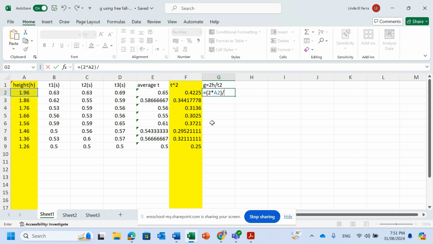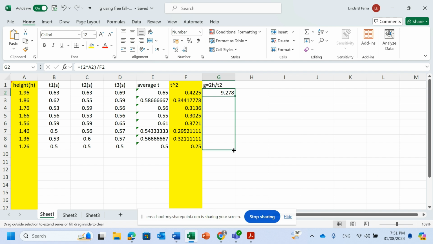Just put your mouse on the value of t squared in the first cell, this one, and then hit enter. Drag this all the way down. You see my measurements are close to the actual value of g, which is 9.81, so it matches this value. So my measurements are accurate and precise.